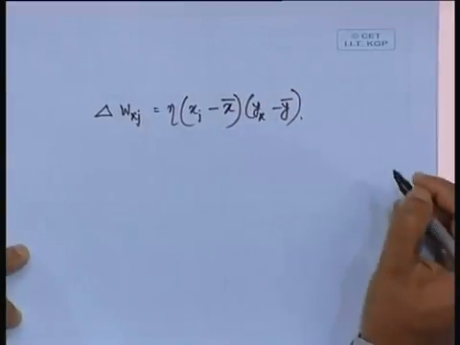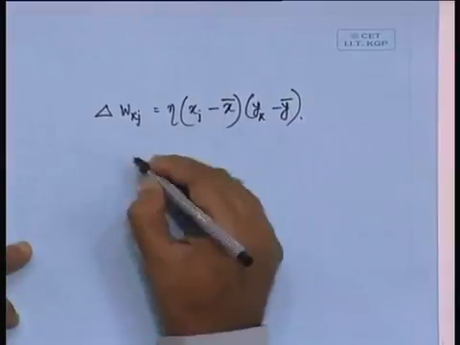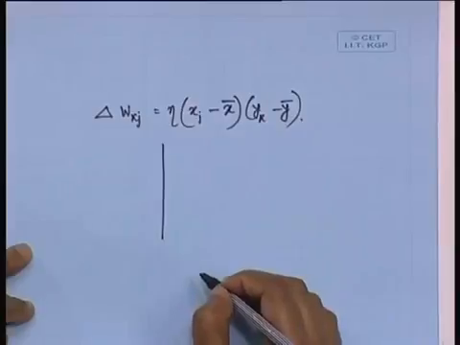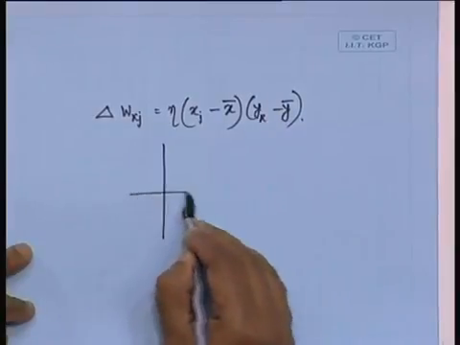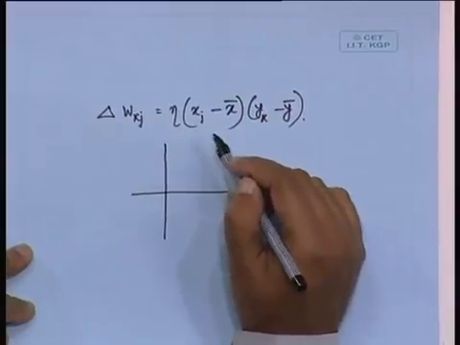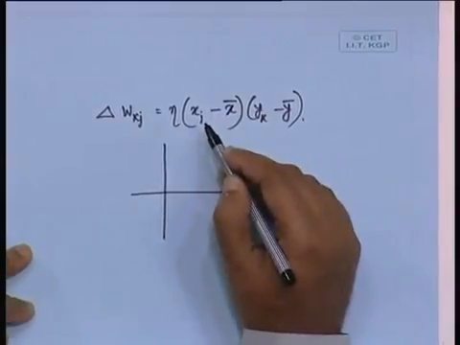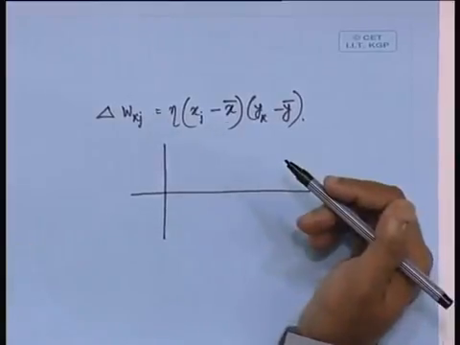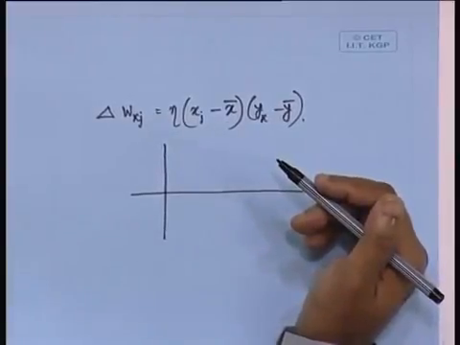And in this case, if we take the input to be the same, let us say that we keep the input at Xj only, and its average does not mean that it is the average for Xj only, I mean the average over the entire system.